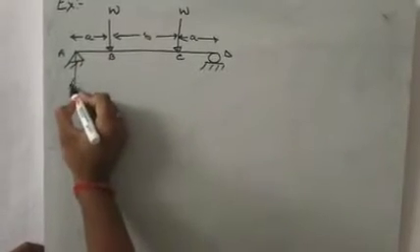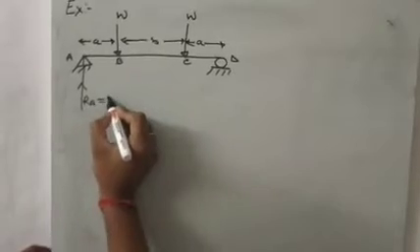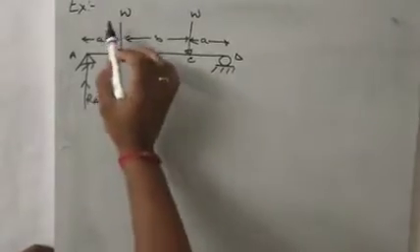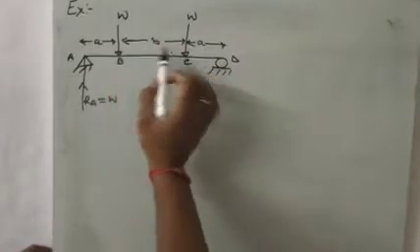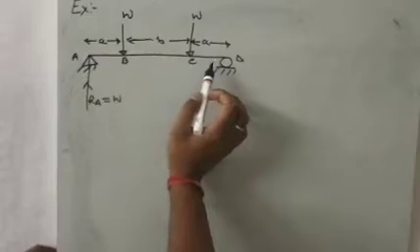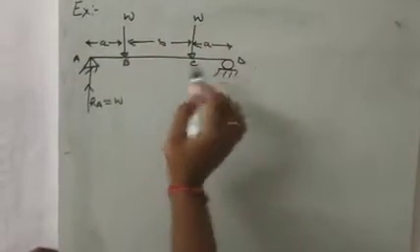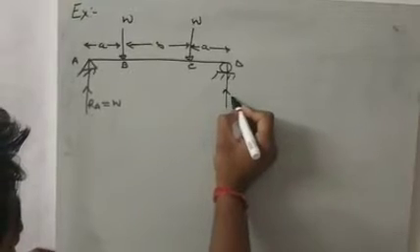Reaction at A will be equal to W because the total load acting on the beam is 2W and they are equidistant from their supports. Then half of this load, W, will be carried by each of these two reactions, right?